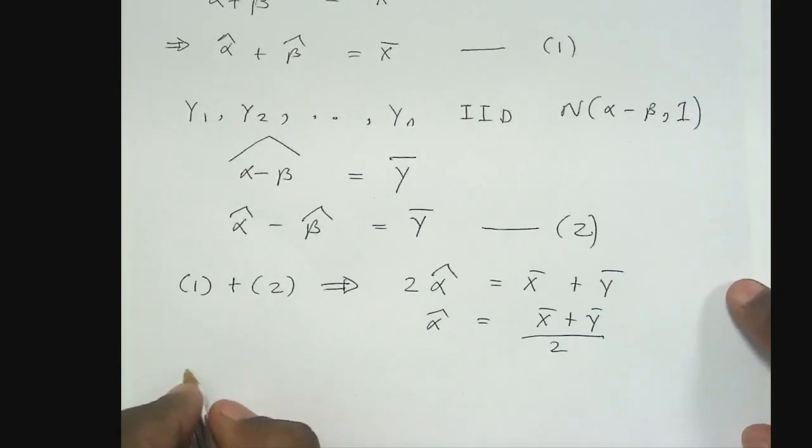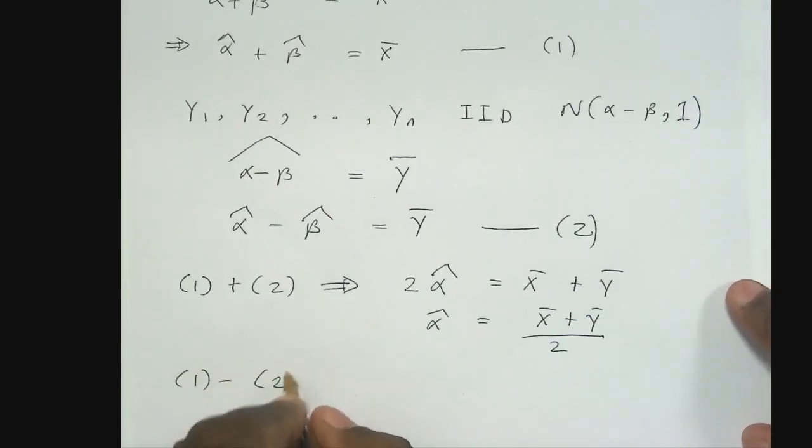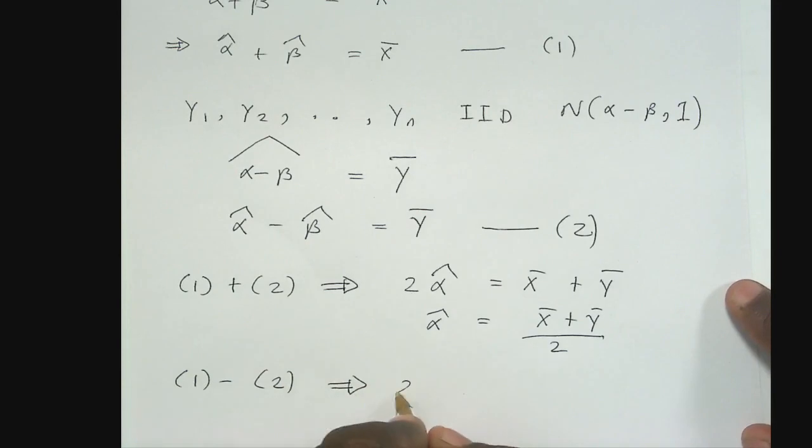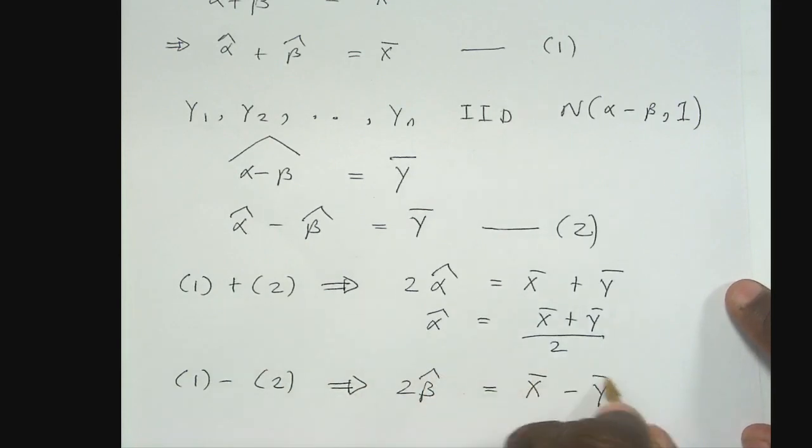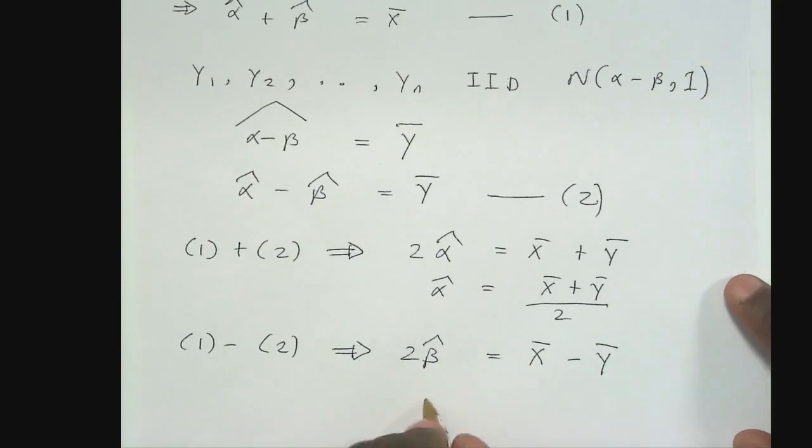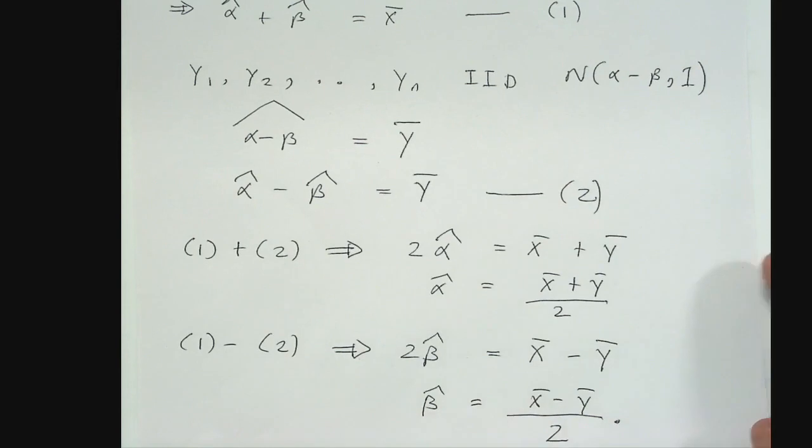And if you subtract equation 2 from equation 1, you get 2 beta hat equal to this, and therefore beta hat is equal to this. Alright, so this is one way of doing the question, guys, but it's not the only way.